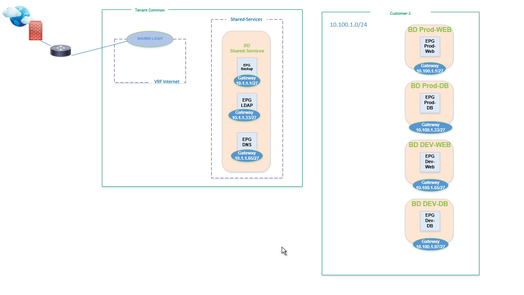Alright, so we're going to need to now create a layer 3 out so that the customer can get out of their network to their WAN connection. So before we do that, let's just draw a MPLS connection here. I'm going to put their router hanging off that MPLS connection.